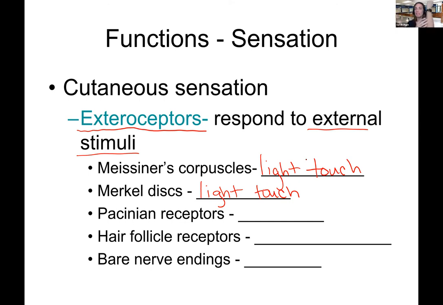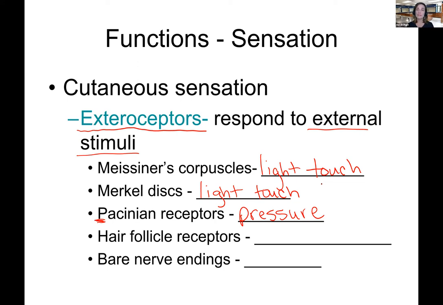These are located much deeper in your skin. So for these to pick up touch, it would have to be a harder touch. It would have to be deeper pressure for them to pick that up. So these are going to pick up, I always remember Pacinian starts with P, so I remember pressure. So these pick up more severe pressure.